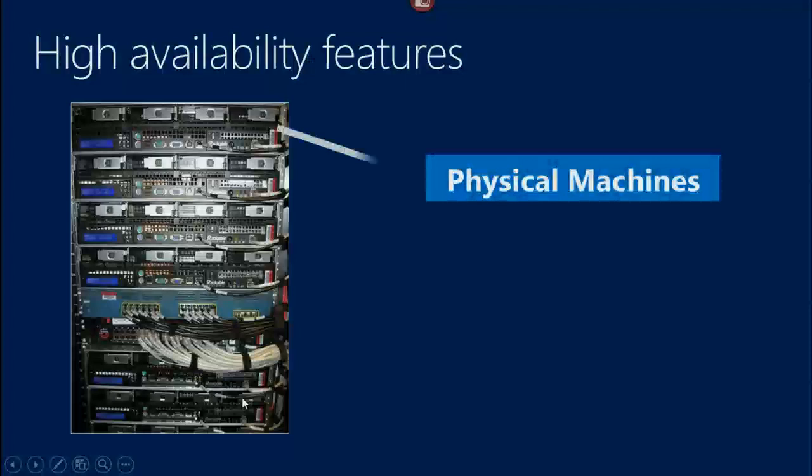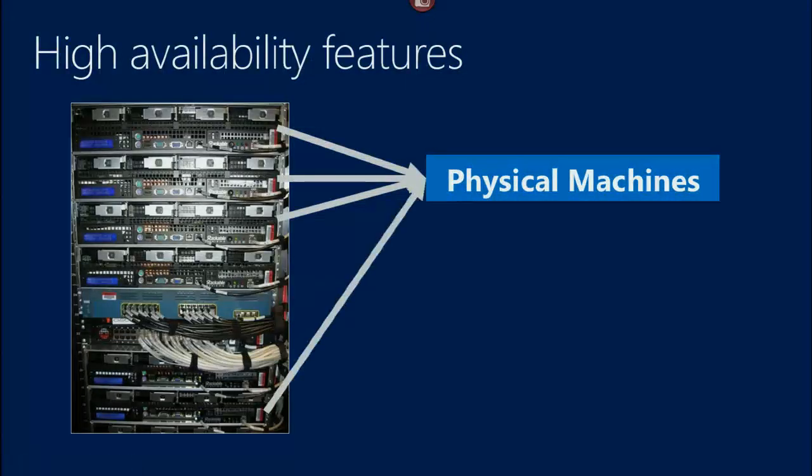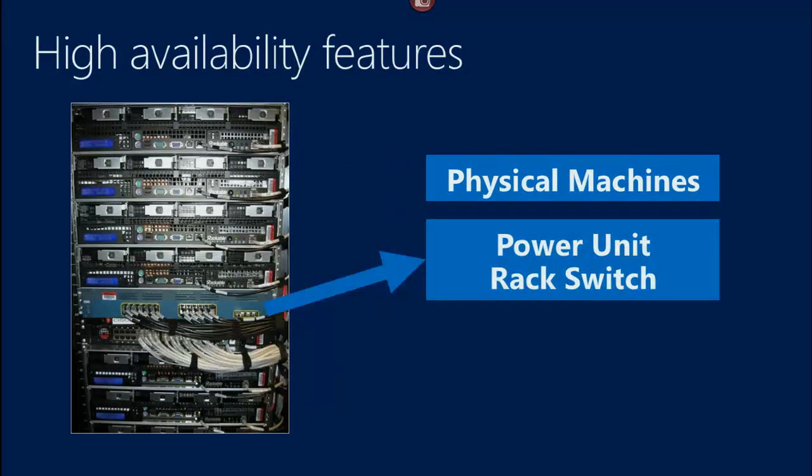By the way, this is an animation that a friend of mine made, and he thought it was so awesome that I put it in. It really visualizes the single points of failure we have in the data center. You can see that the physical machine is one, the power unit switch, which is there on the left, is another one.